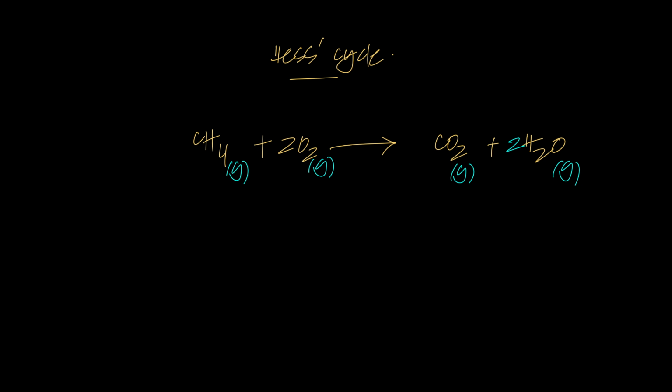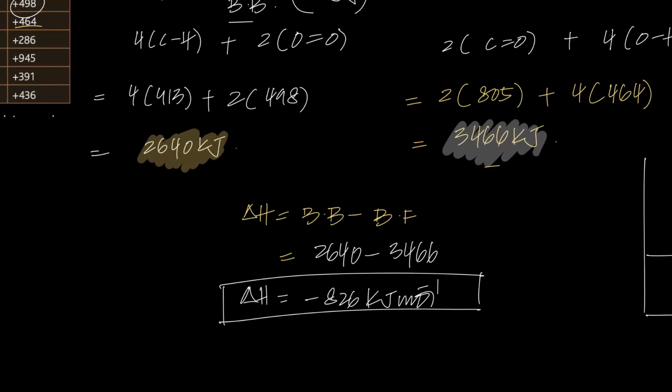The Hess cycle says, hey, this is basically a copycat, derived from Hess's law or Hess cycle. Sir, how is this derived from Hess's law?